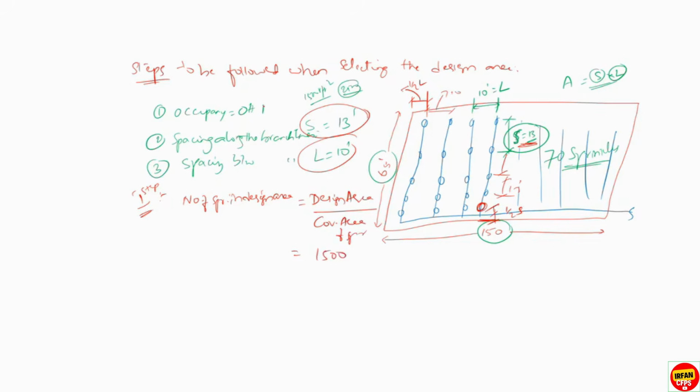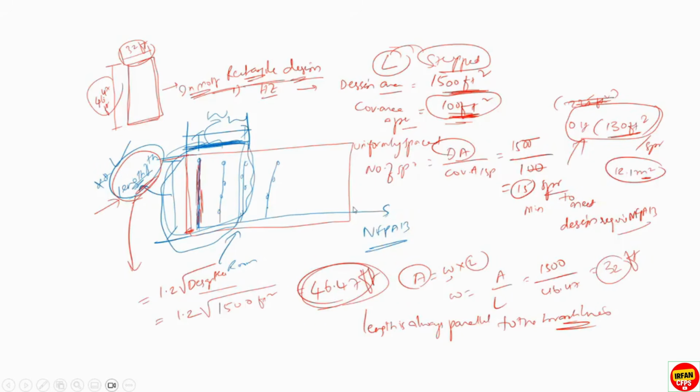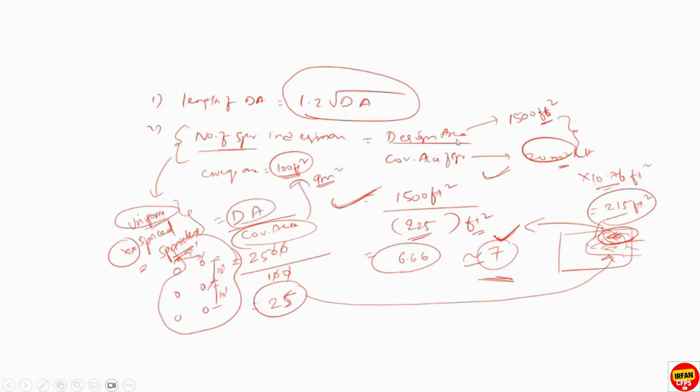So the design area based on this occupancy hazard is 1500 square feet divided by coverage area. This is the actual coverage area. Previously we discussed the theoretical coverage area based on the hazard classifications.